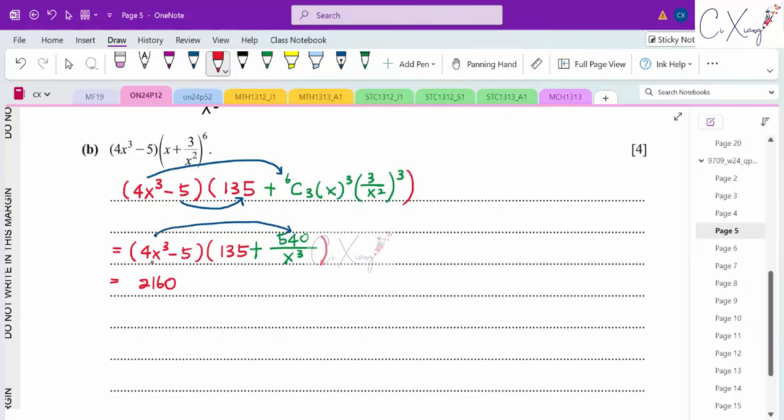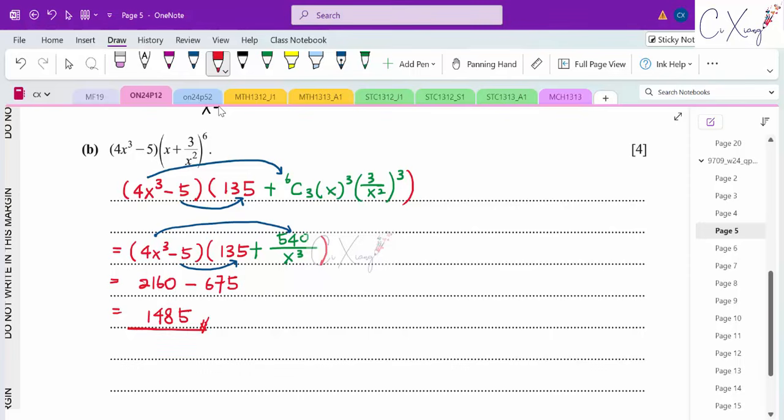Then I cancel off the x power 3 and also the 1 over x power 3, right? After that, the second term multiplied with this particular term to get something which is independent of x. So it is actually negative 675. Then if you simplify all the terms here, your final answer is 1485.